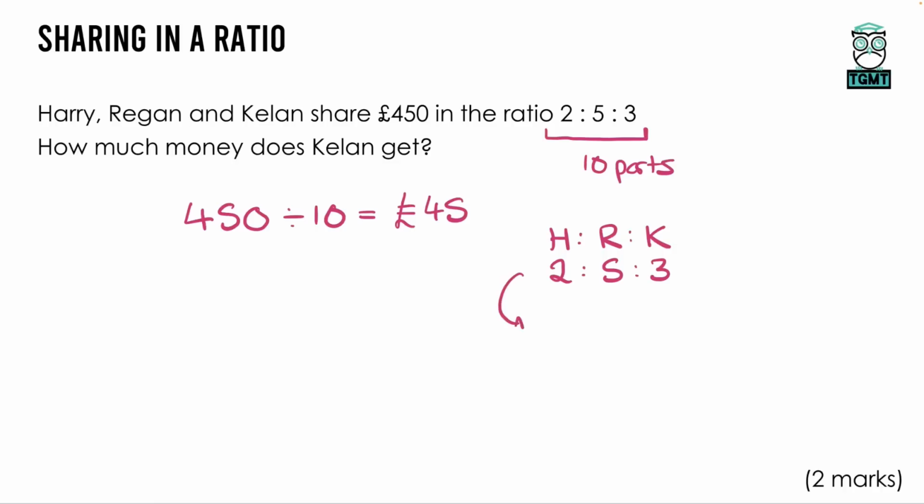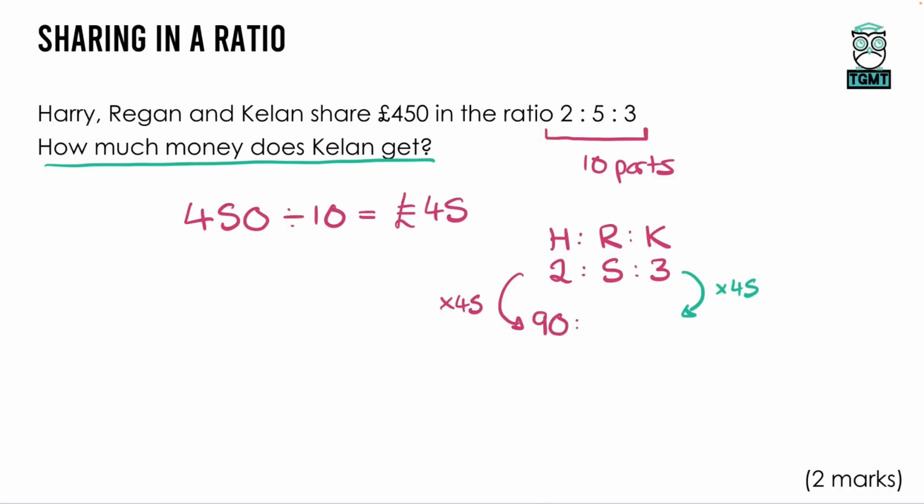Now all of these need to be multiplied by 45. This question itself does only want to know how much money Keelan gets, so we do actually need to only work out this one on the right. As long as we times that by 45, we will get the answer, but it is good practice to multiply them all. Now 2 times 45 would give us 90.